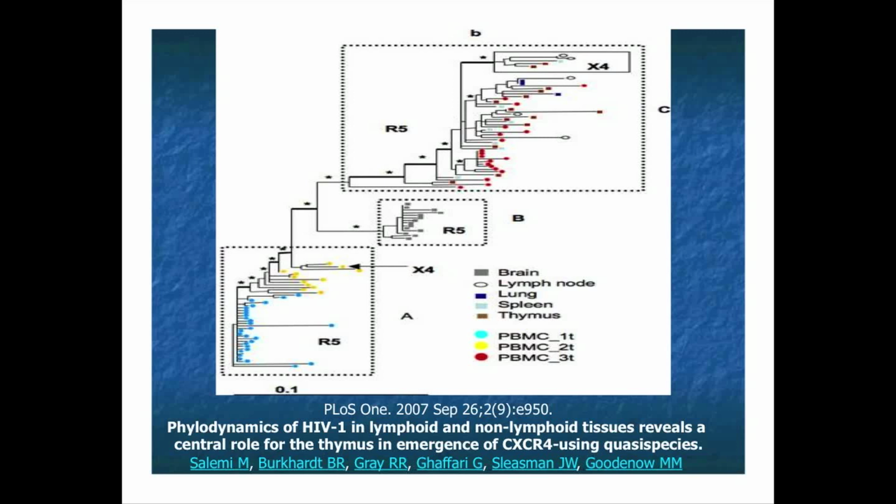These are necropsy samples, and the virus migrates. As I said before, it doesn't have to be HIV. You can look at other pathogens, and look at their movement using the viral sequences.